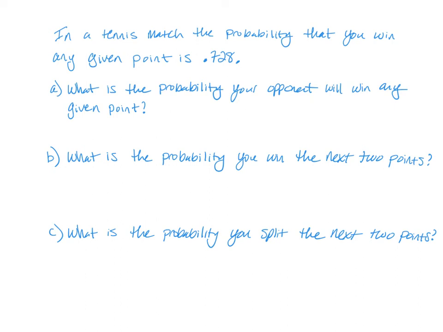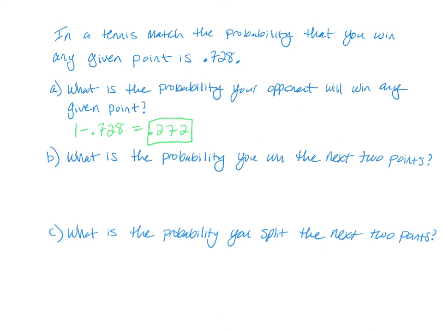So I'm just going to do 1 minus 0.728. And you get 0.272, or 27.2%. So there's a 72.8% chance you'll win any point and a 27.2% chance your opponent will win any given point. The two probabilities, because those are the only possibilities, have to add up to 1.